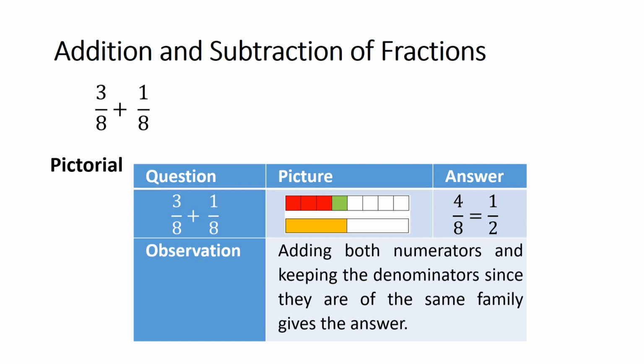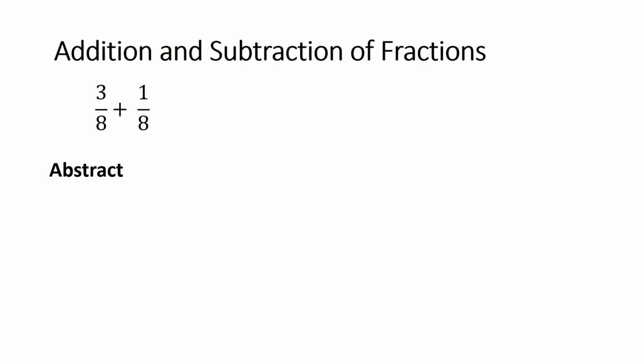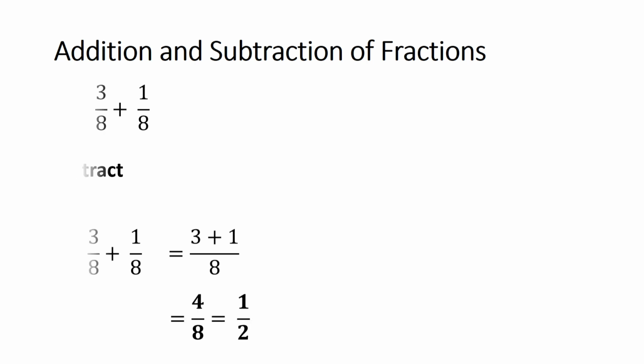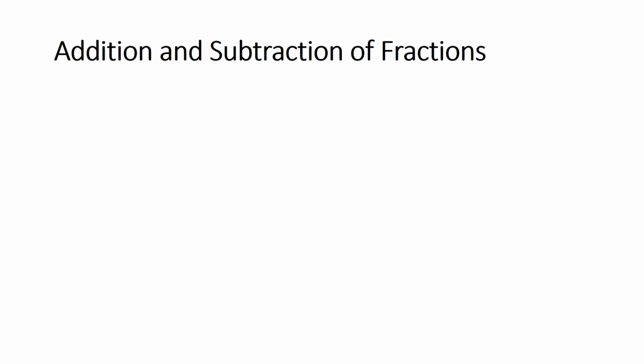The pattern observed is the process by which the addition is done. This process, therefore, formulates the procedural aspect or the algorithm for adding the fractions. This is used at the abstract stage where students will use the algorithm to complete the addition of the fractions.